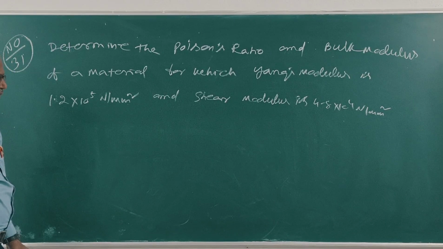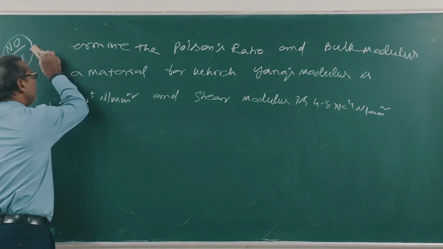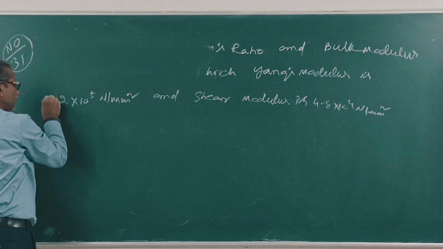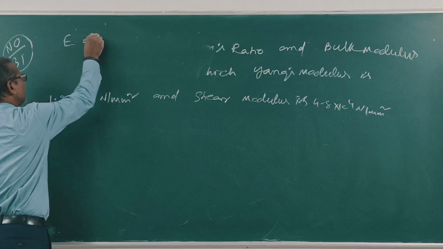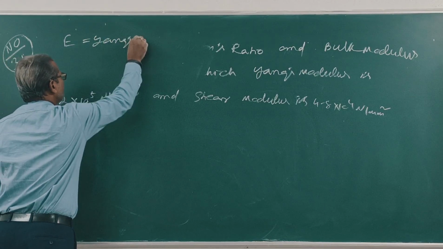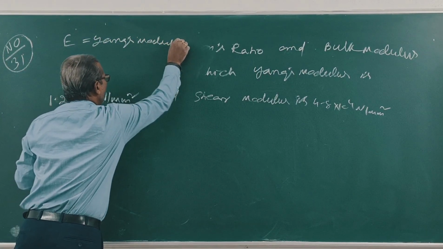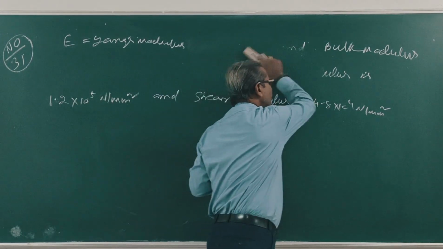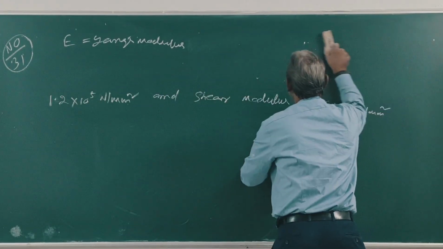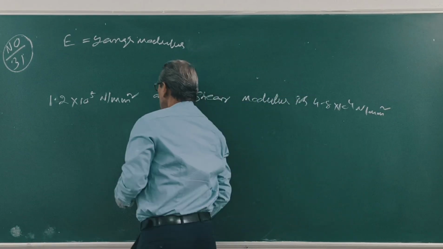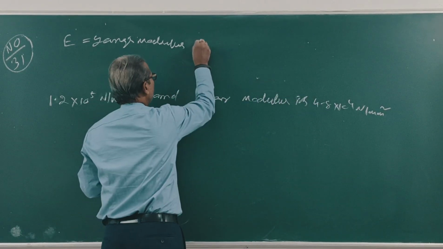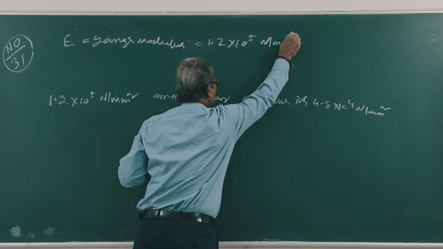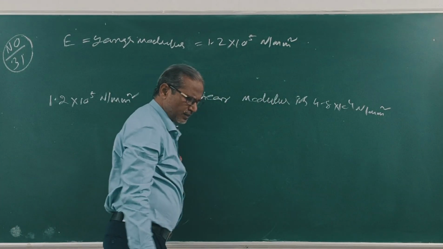So the given data is: E is equal to Young's modulus, 1.2 into 10 to the 5 Newton per mm square. Clear? This is Young's modulus.